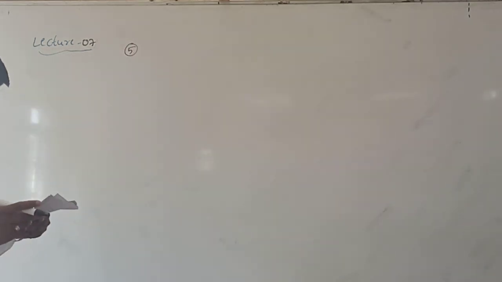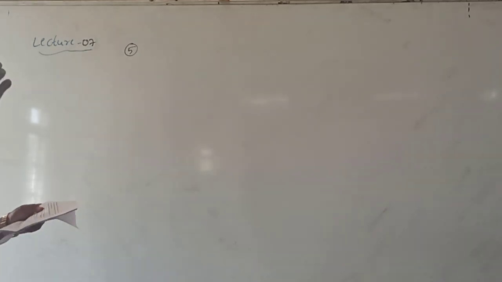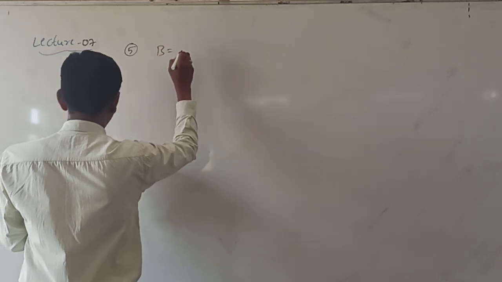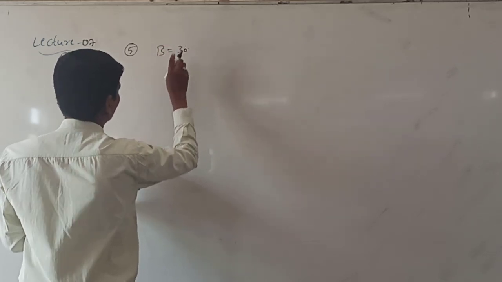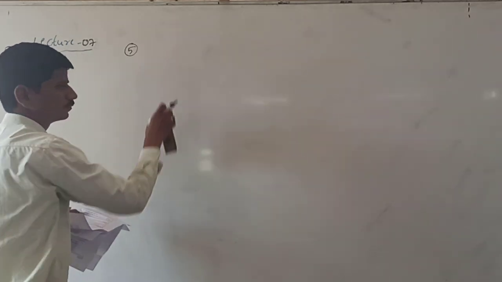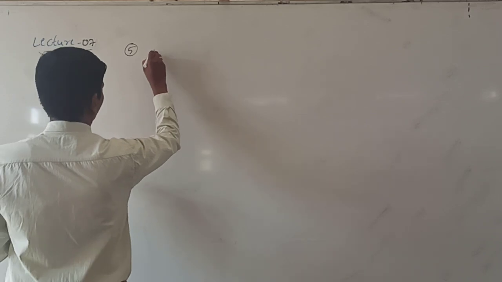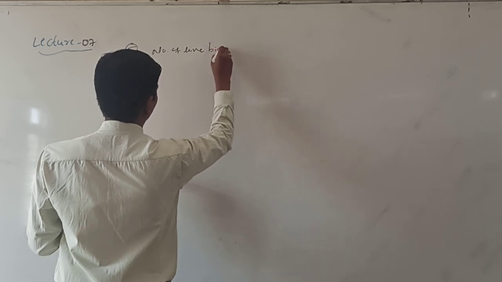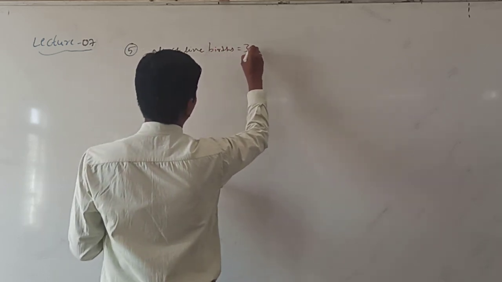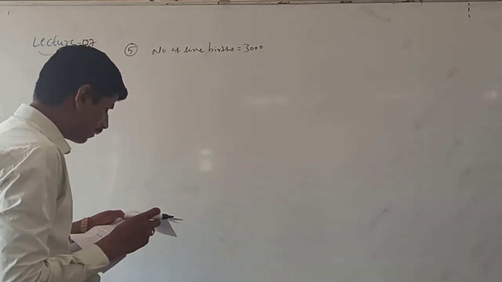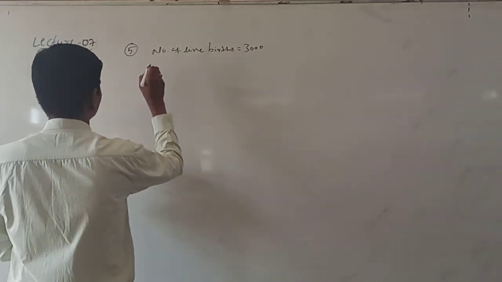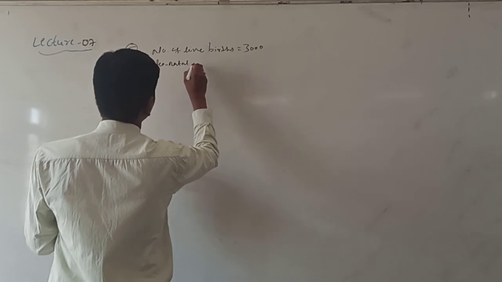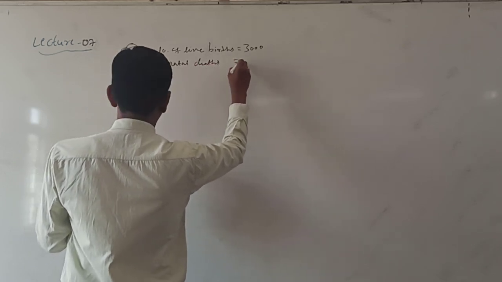In a particular city, 3000 live births occurred in a particular year, that is, number of live births B equal to 3000. The number of neonatal deaths was 90, neonatal deaths equal to 90.